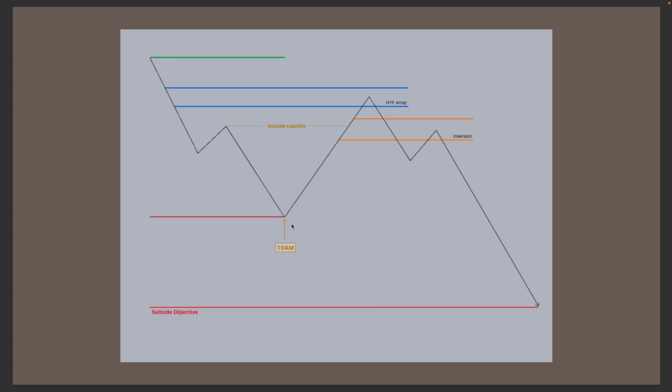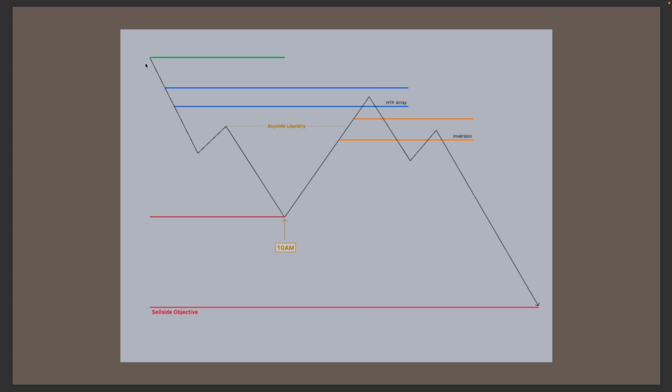So if this is the 10 a.m. candle, just like in the previous slide, we want to see some measure of retracement back to a premium before reaching that sell side objective. So if we're around low of day at 10 a.m., we don't want to short this. We want to wait for a better setup that does what? Come back to a premium.